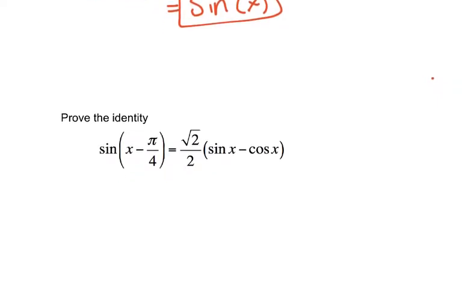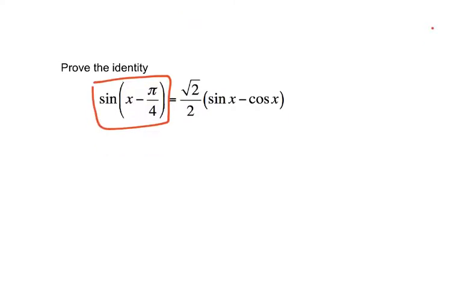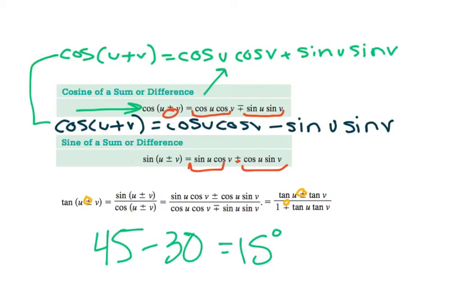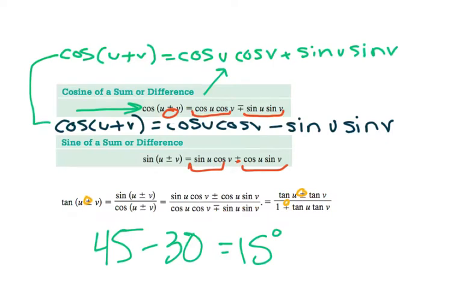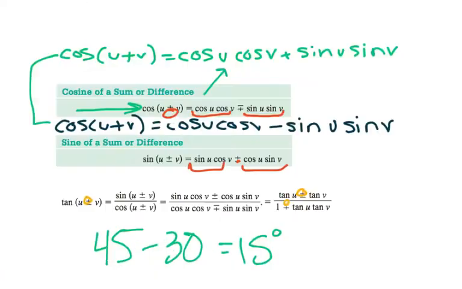Alright, the next one, again we're going to start with this piece using the formulas that we have and see if we can get here. So we've got our u as x and our v as pi over 4. Looking at sine, I want u minus v. So our sine formula says it's going to be sine of u cosine of v, and then minus cosine of u sine of v.